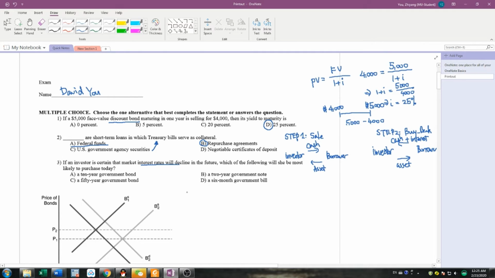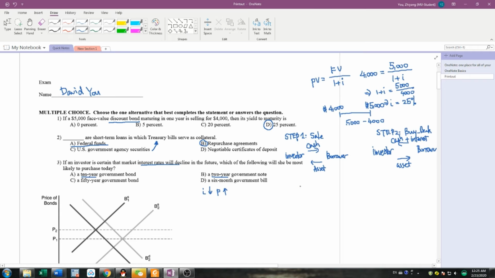So if you think the interest rate in the future is going to go down, that means the price is going to go up. So in general, you will be happy to hold all four of the options, okay? And as you can see, the only difference between these four options is that they have different lengths or different maturity, okay? So let's take a look.